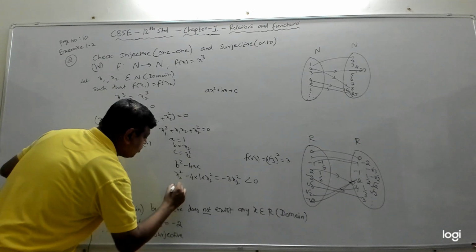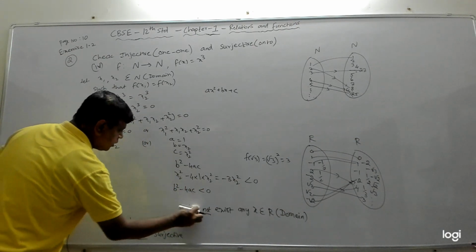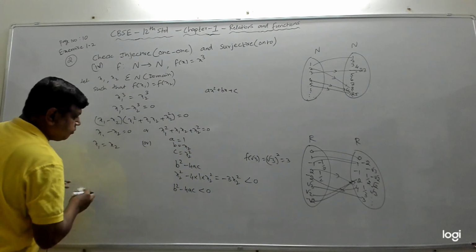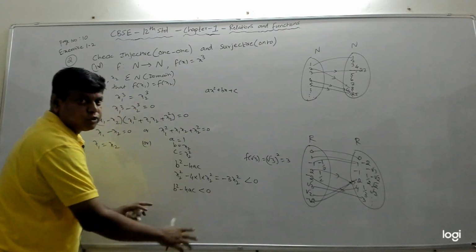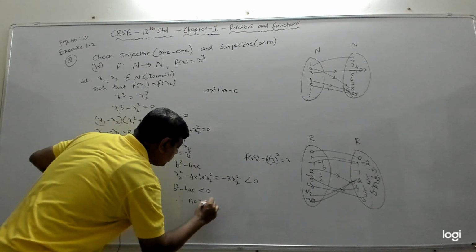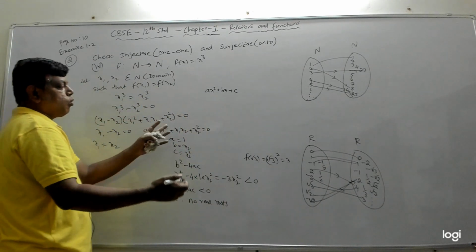So we got b square minus 4ac is less than 0, therefore no real roots. So this will not have any roots. You cannot say x1 equal to something of x2.